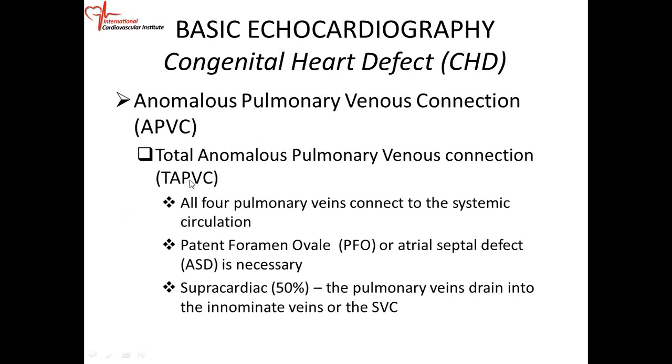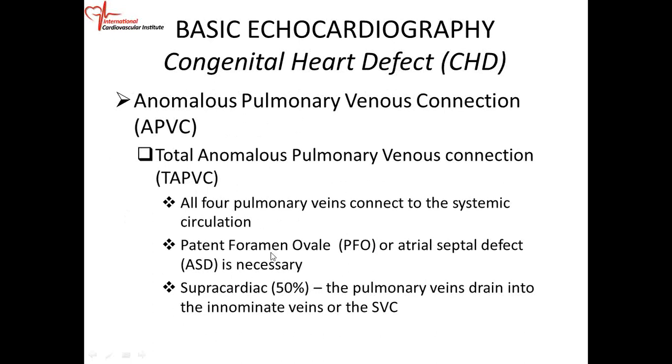For these babies to survive, you need a patent foramen ovale or atrial septal defect, because you have to get oxygenated blood on the left side. Okay. So if the pulmonary veins are draining into the right side, to get the oxygenated blood to the left side, you need a patent foramen ovale or atrial septal defect.